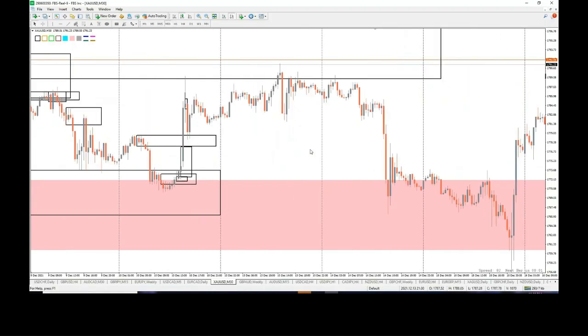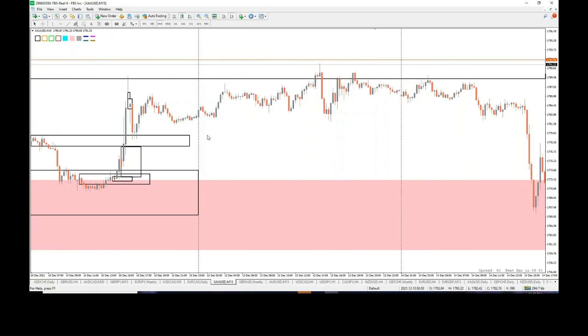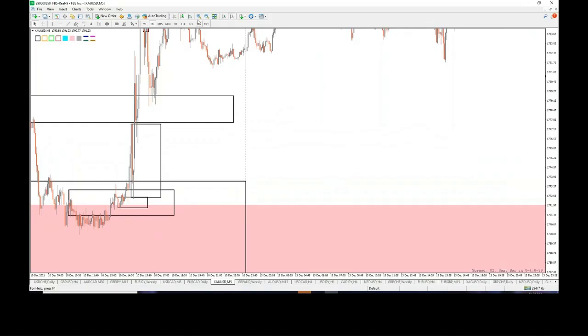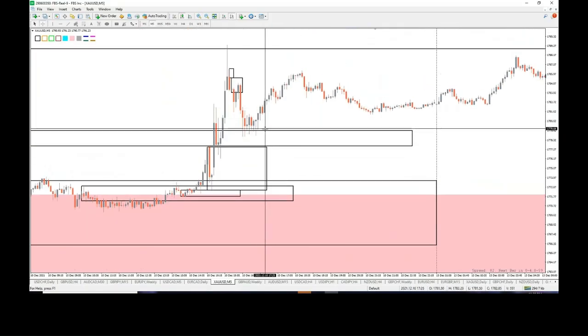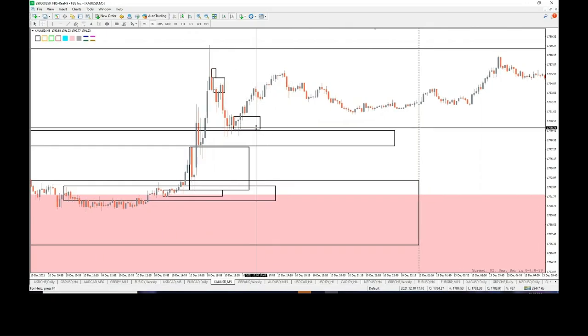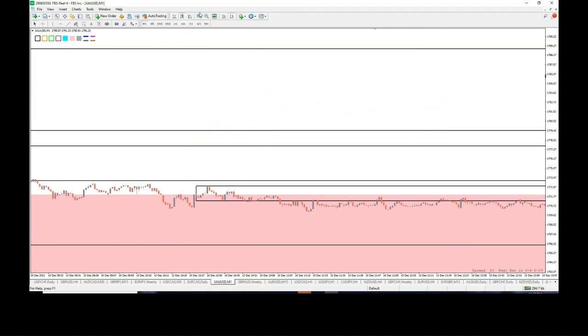H1 zone, we can go for M30 or M15 to make an engulfing buy, but there's no engulfing buy on M15, right? Yeah. So at this moment, I think because the market is about to close, the confirmation is on M5 and M1, because the market is very slow. But it still works. You can scalp at night.